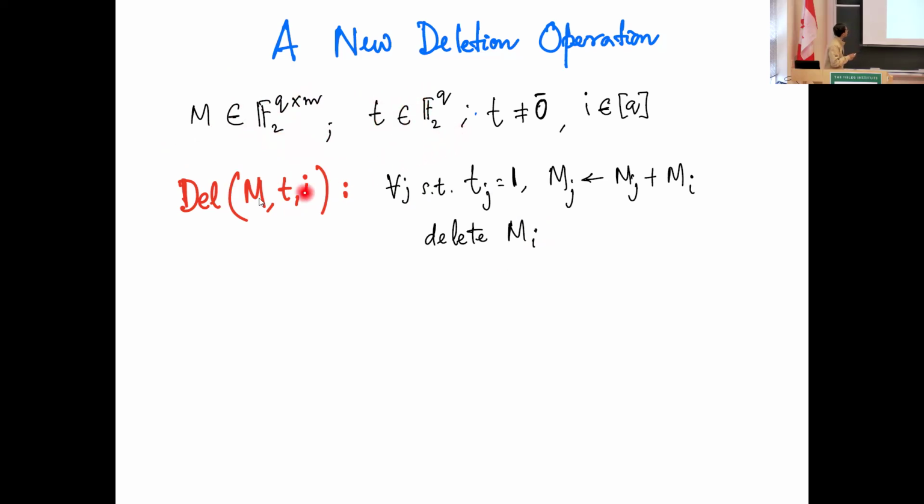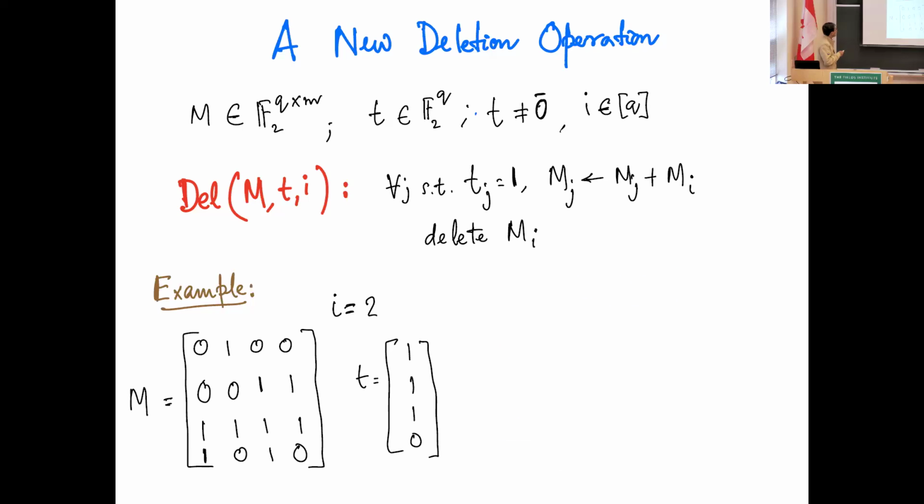It's not the all zero vector. The operation delete(M, T, i) adds the row Mi to all other rows which are included in T. It does this primitive row operation, and then deletes the row Mi. So the new matrix has one less row, which is what you would expect to be able to represent the affine space when you descend.